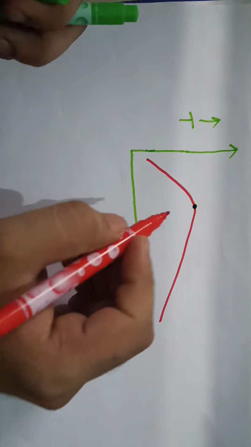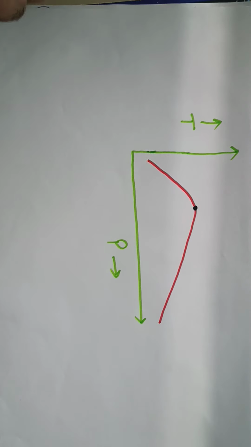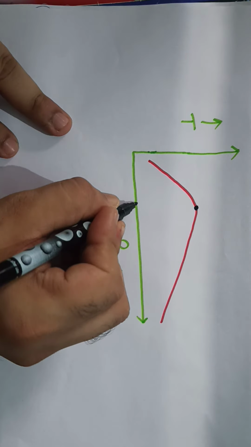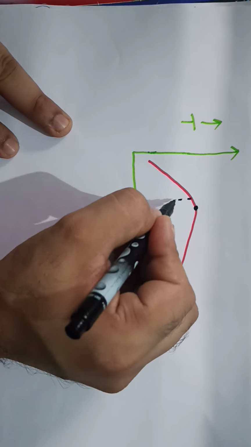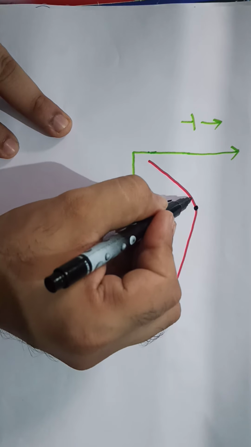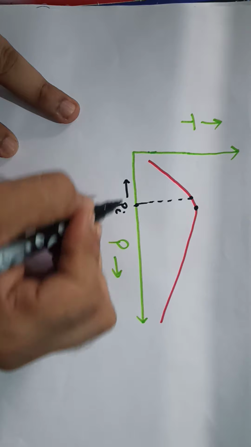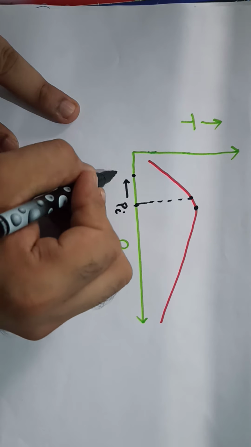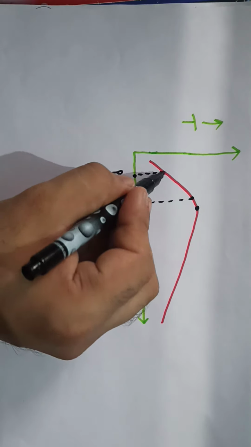Initially, let's suppose the point where we start the throttling process, the inlet pressure, is somewhere here. This is Pi. The throttling process goes up to this point. This is P0. So the corresponding point on this curve is this one.